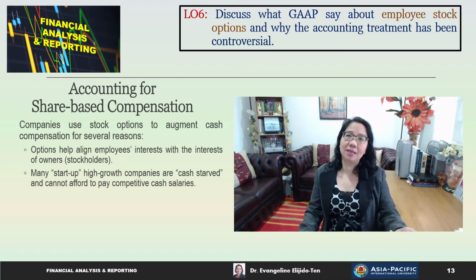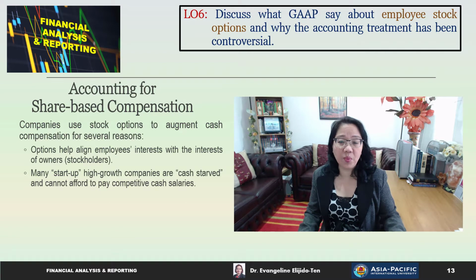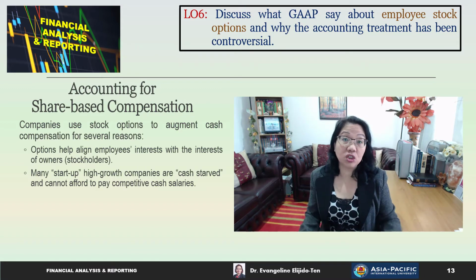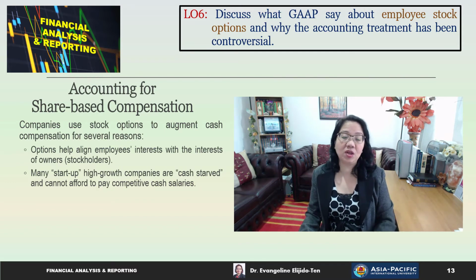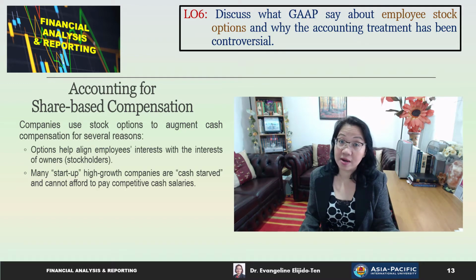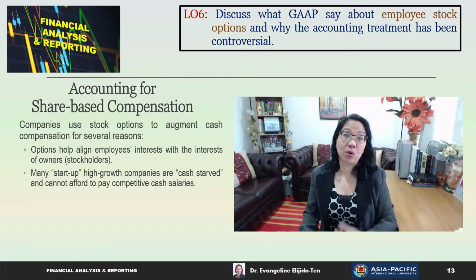Second is that there are many startup companies that could be considered high growth but cash poor, and so they can't afford to pay more attractive cash salaries to their executives. And so giving these executives stock options makes these new startup companies more attractive.